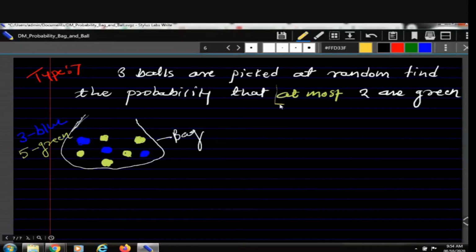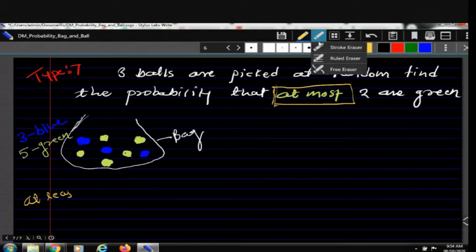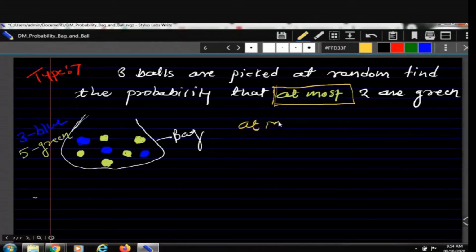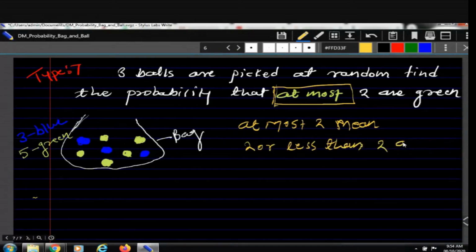Now the word is changing here: at most. So you should remember, in at least, let me write here, at least, and here I will write at most. At most two means two or less than two are allowed.